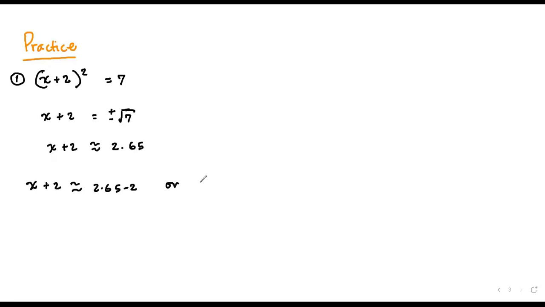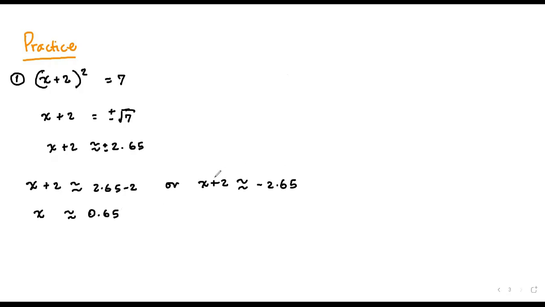Or x plus 2 is approximately equal to minus 2.65, remember it is plus and minus. So the first one, we say x is approximately equal to, what is the answer? 0.65. Very good.